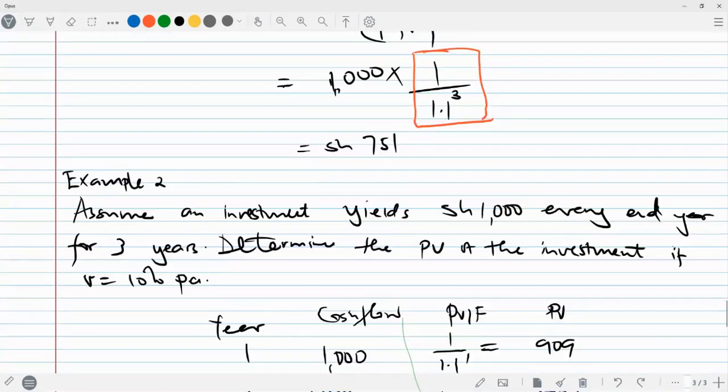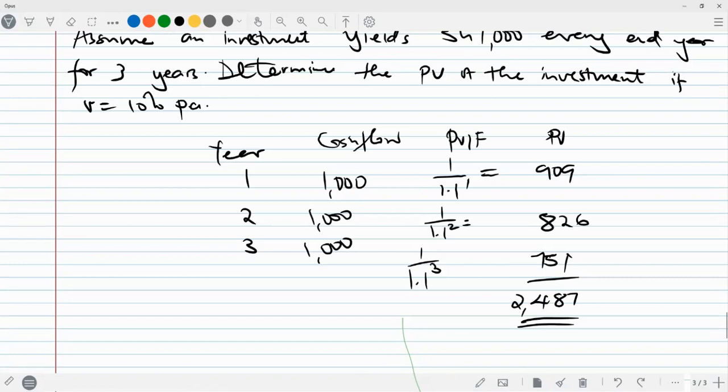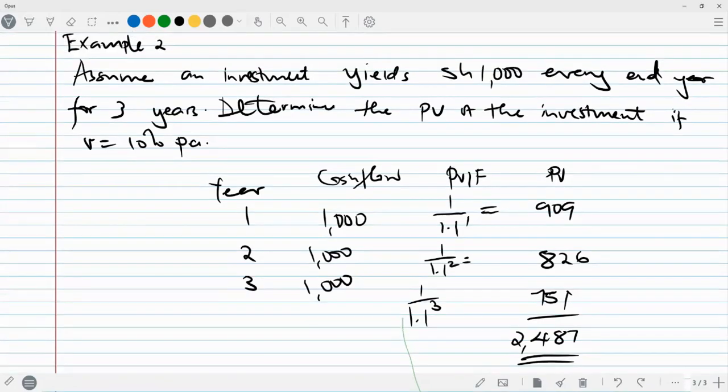Now the present value, I think I'm a little confused somewhere. The present value is the product of the cash flow times the factor to give us 909. So 1,000 times the factor, 826. The 1,000 you're getting times the factor gives us 751.